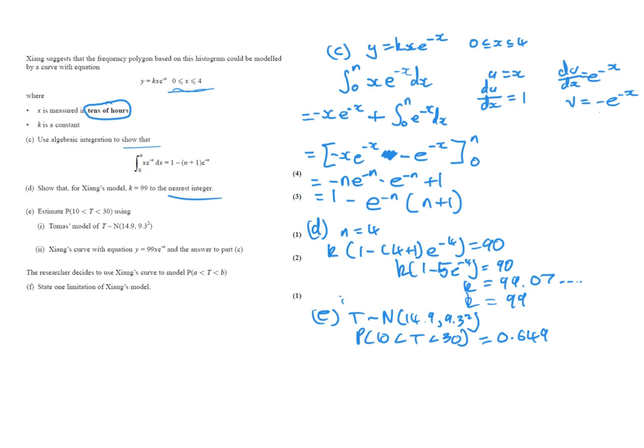Running out of space, so I'm just going to do it over here. So it will be 99. I've got to be careful there because remember the tens of hours. So I don't want to put 30 and 10 in. I need to put the 1 and the 3 in. So it's 99, and then substituting, I want 1 minus 3 plus 1 e to the minus 3, minus 1 minus 1 plus 1, not 10, e to the minus 1.